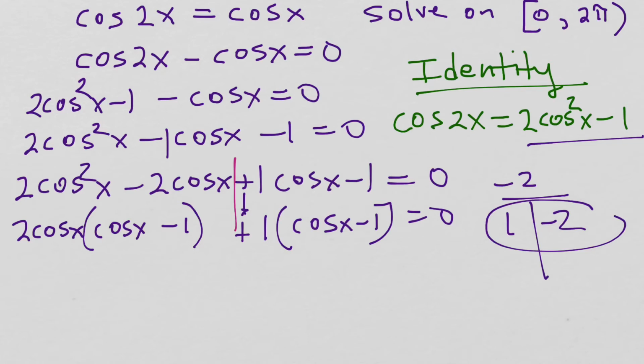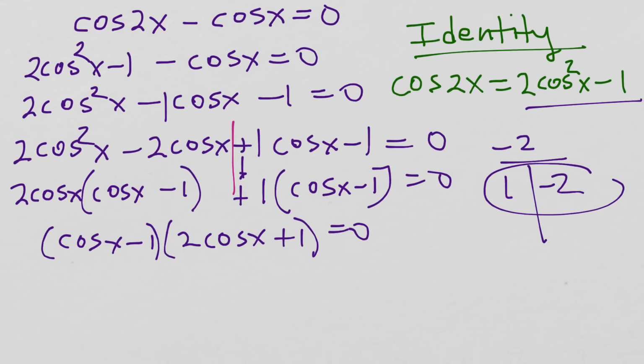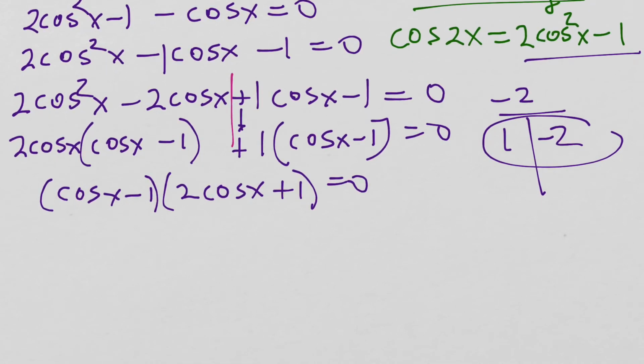All right. So now my final factored form is cosine of x minus 1 times 2 cosine of x plus 1 equals 0. So now we're able to do this. If you have factors, you have solutions. Set your factors equal to 0.